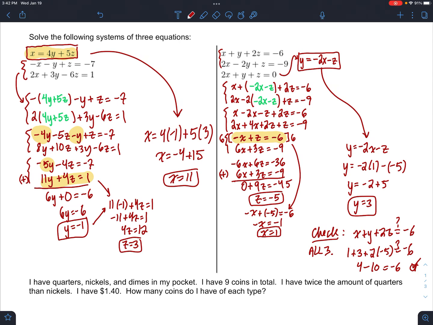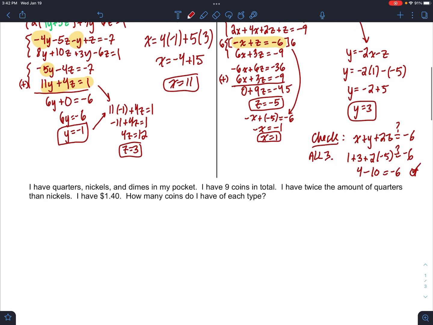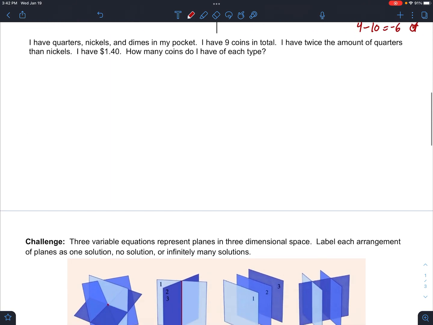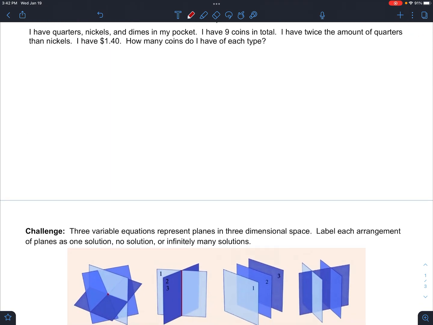Cool. So this problem below can be done with 3 variable systems, but I want to encourage you guys to solve questions like this one on your own with maybe a guess and check method, because we don't always want to go to writing out 3, 4, 5 equations when we can just do this mentally or with a picture.